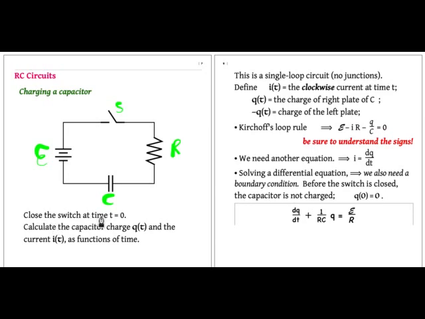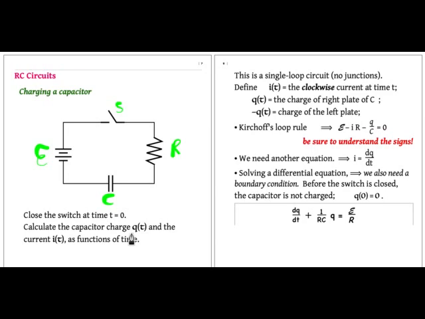So let's say we close the switch at time t equals 0, and we'll calculate the capacitor charge, Q at time t, and the current, I at time t. So these will be functions of time when t is greater than 0.